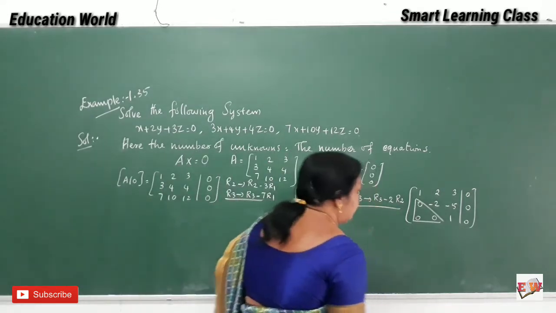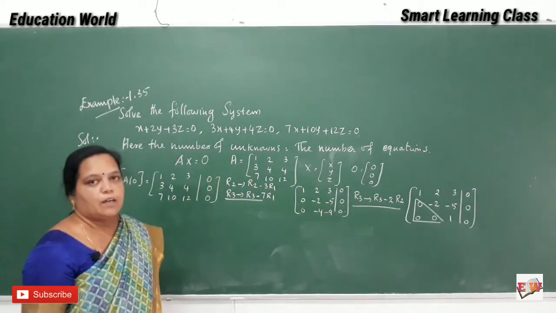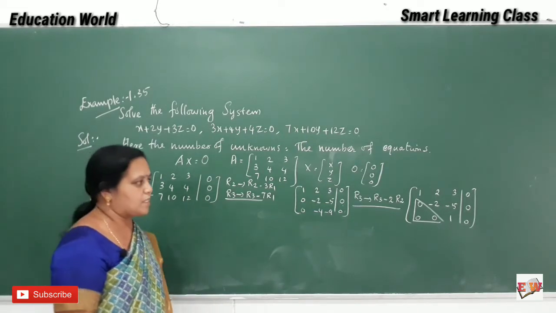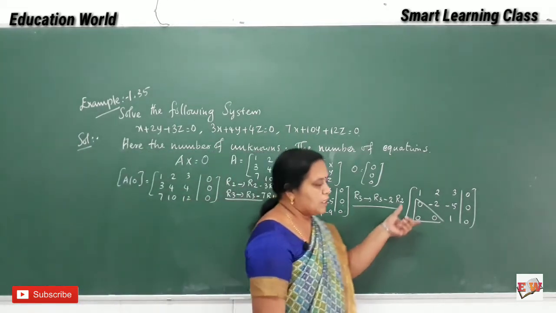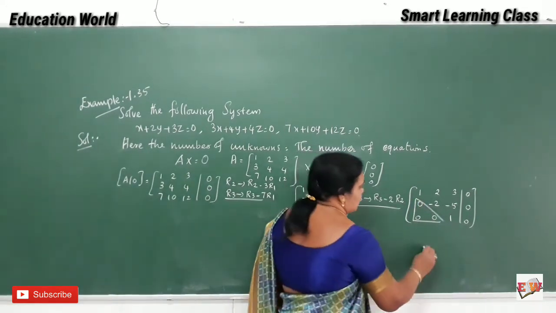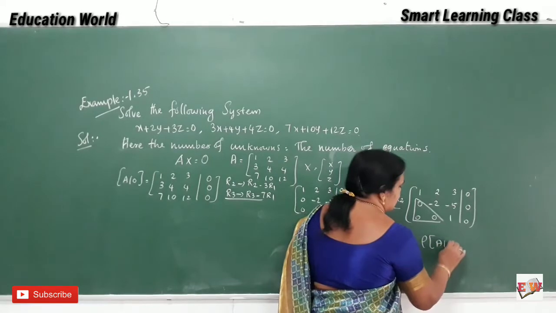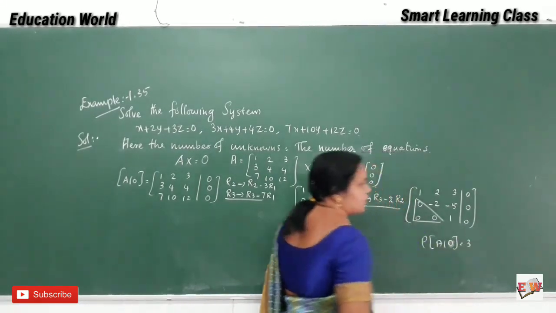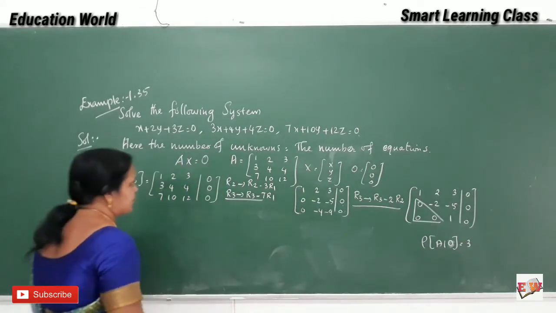Now we have to find the rank of the coefficient matrix and the rank of the augmented matrix. Here we are having 3 non-zero rows. So the rank of the augmented matrix is equal to 3. What is the rank of the coefficient matrix?